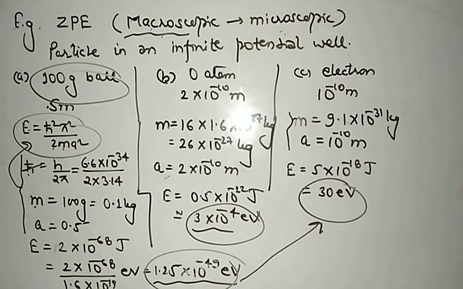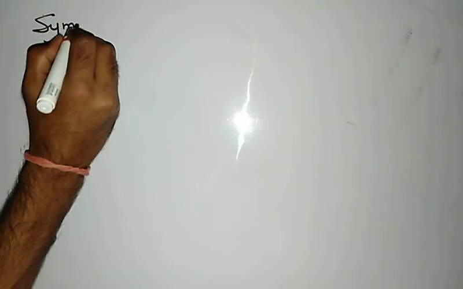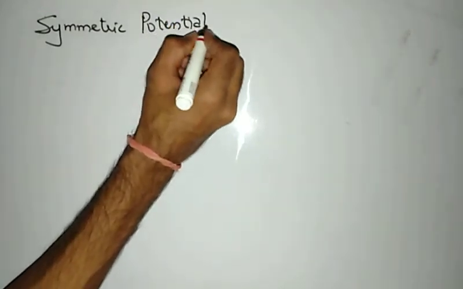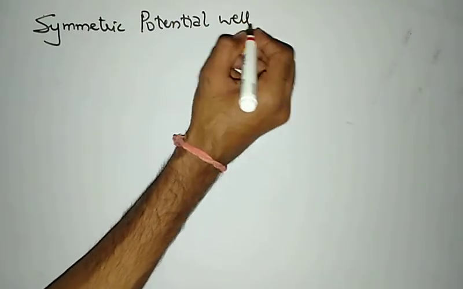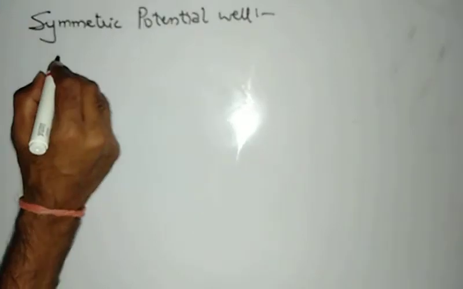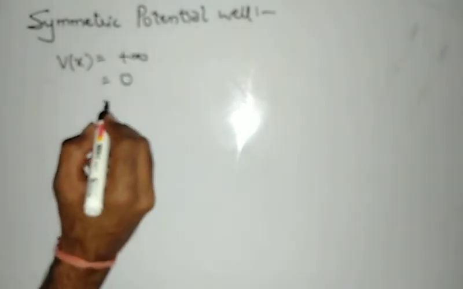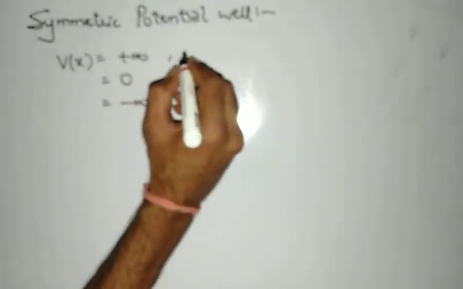Now let us see, for a short discussion, the symmetric potential well. For the symmetric potential well, we have written the potential, which is translated by a by 2, as we wrote at the start of the video.